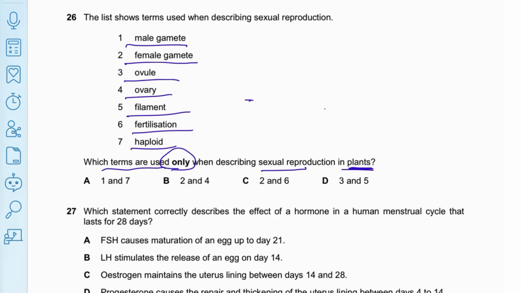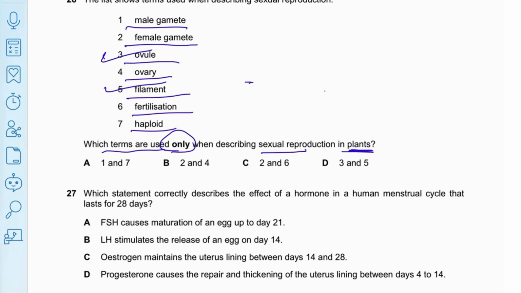Is it male gamete? Male gamete is sperm. Female gamete is egg. Is it ovule? Yes, we mentioned ovule. So it's three. So one, A, B, C. The answer is D. 3 and 5, which are the ovule and the filament which supports the anther.